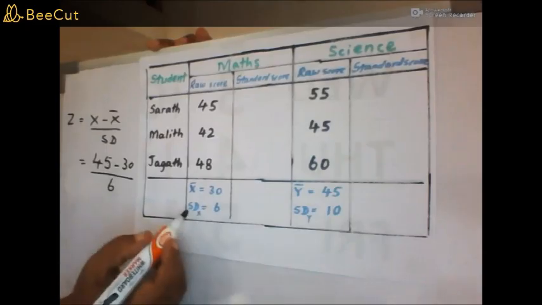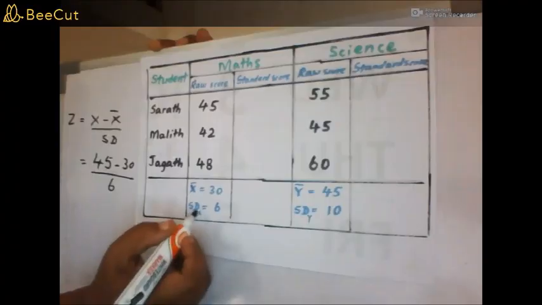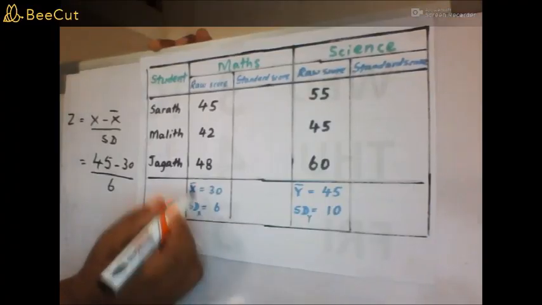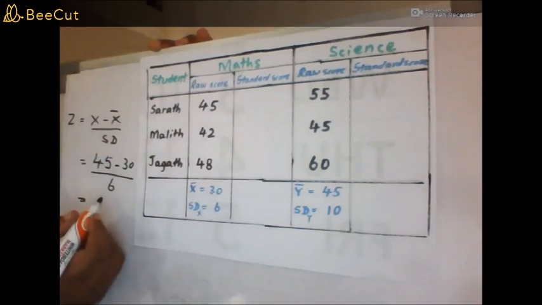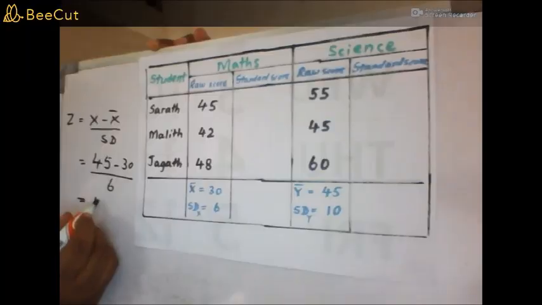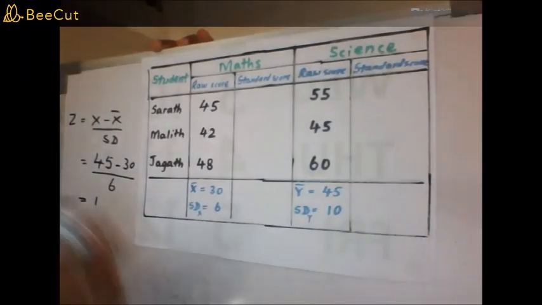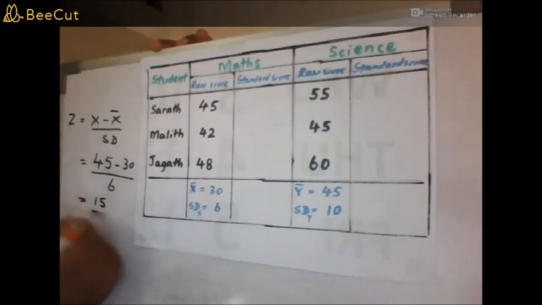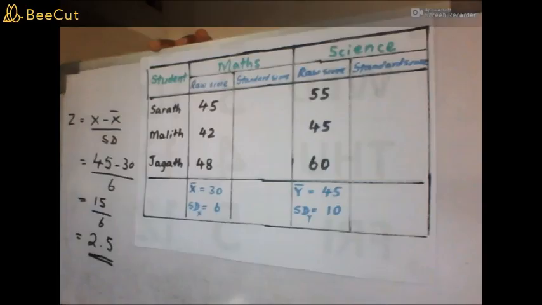The standard deviation for it should be for maths. Here the answer is 15 divided by 6. So it is 2, 12 for 30, it's 5. The answer is 2.5. The Z score is 2.5.